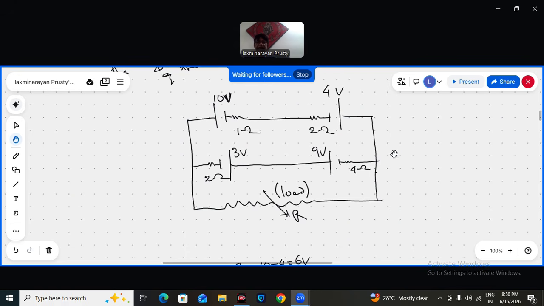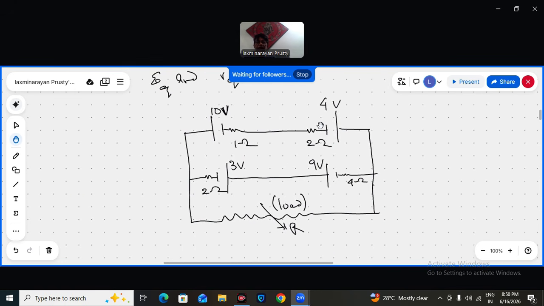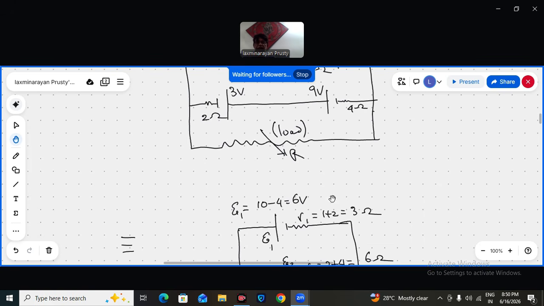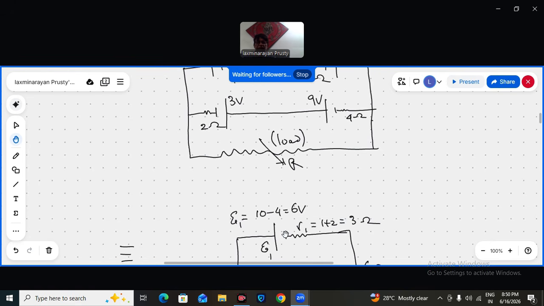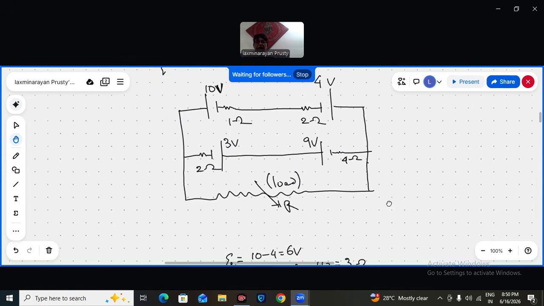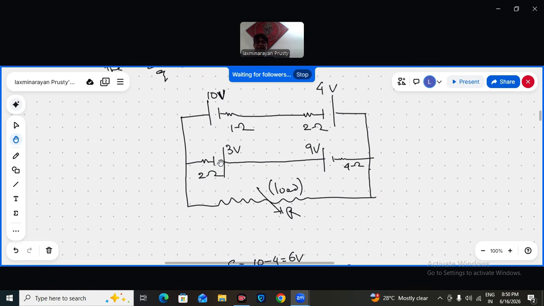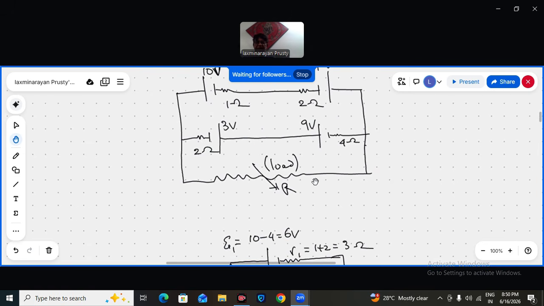This like this. So what is this? This is 4. This is 10. So resultant will be 6, and internal resistances will be added, 2 plus 1, 3. So 6, 3. And similarly here, this is 9, this is minus, so 6 again, on this side polarity plus.